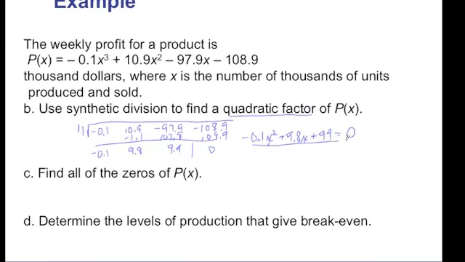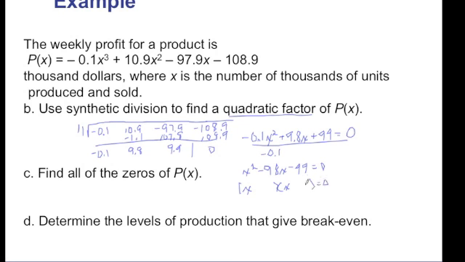Let's solve this quadratic then. First I'm going to divide by negative 0.1, and I'll end up with x squared minus 98x minus 99. Oh, that can be factored into x and x.